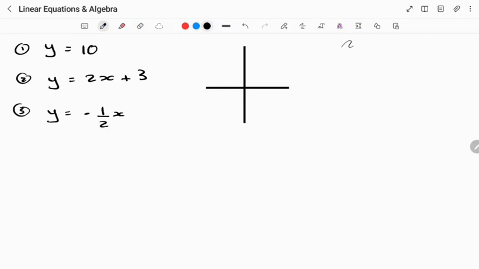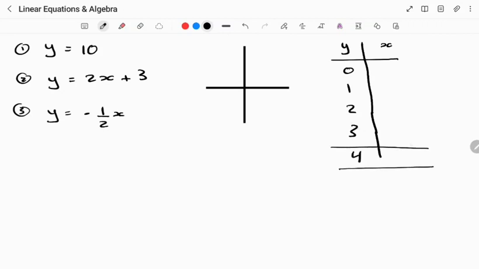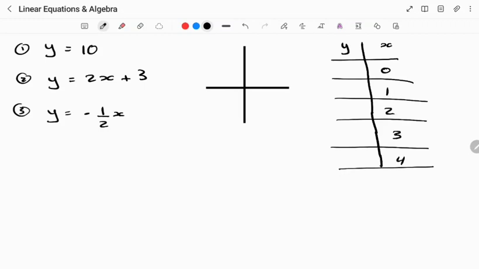We can say y and x. Because your equation is already set in the form of y is equal to something, we will say x is 0, 1, 2, 3, and 4. Over here, we will put these x values into our equation right here.